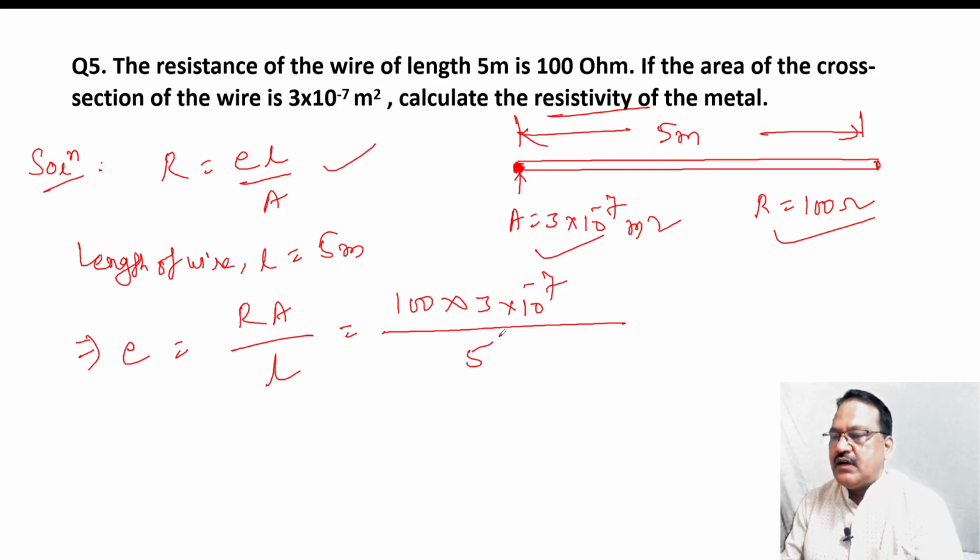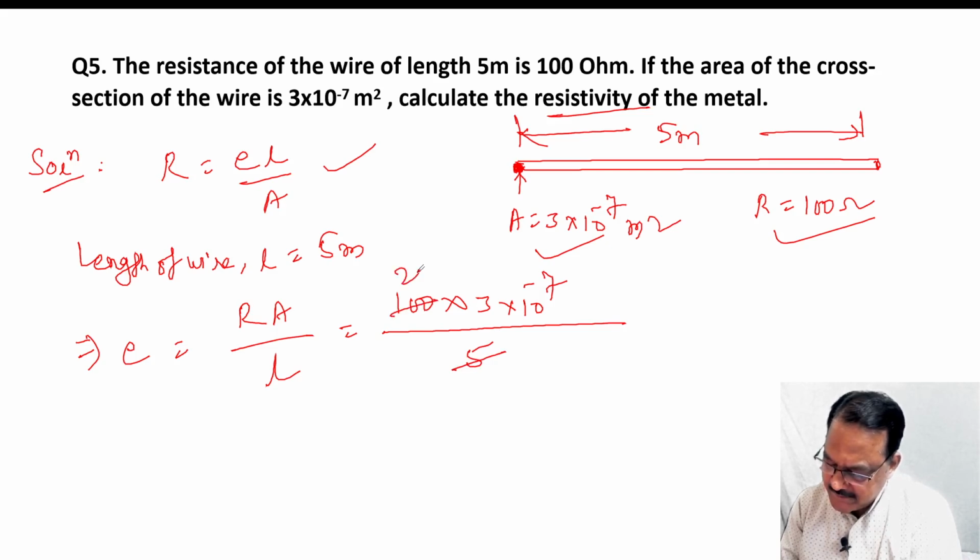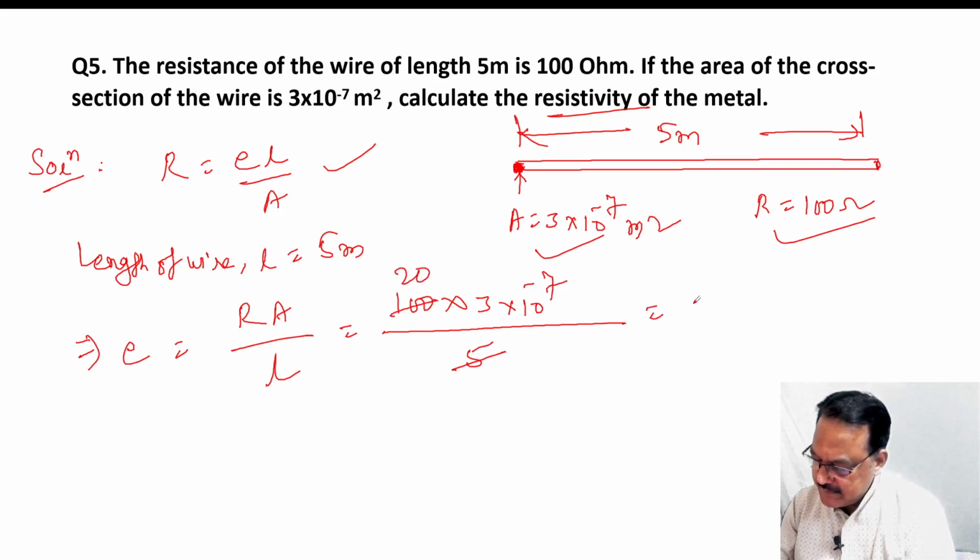Now what we have to do here? Just simplify it. 5 into 20 is 100, so 20 into 3 means 60 into 10 to the power minus 7.